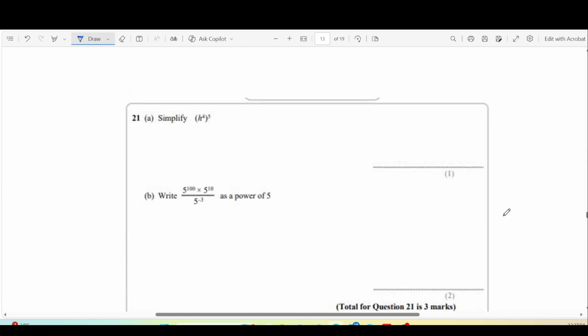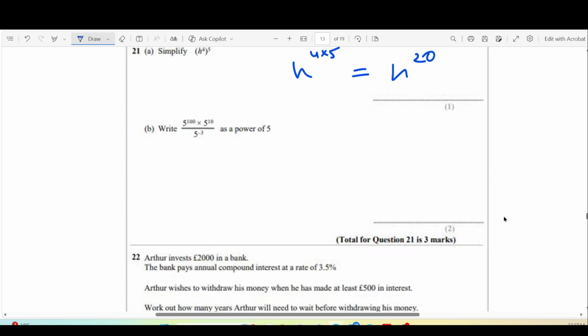Next is this, simplify this. So whenever we have a power of a power, just multiply them. So 4 times 5, this is what you need to do, which is 5 to the power 20. Now here, when we have the same base and the powers are on a multiplication, we need to add them. So here 5 is the base for both of them, so we add the exponents, and here we have negative 3.